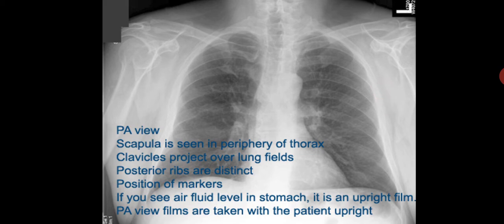The clavicles project over the lung fields. The posterior ribs are distinct, and if you see an air fluid level in stomach, it is an upright film, and PA view films are taken with the patient upright or erect, as we have already discussed.